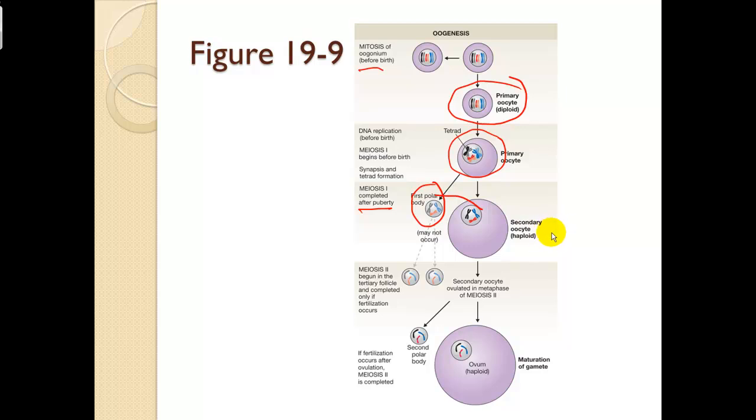If fertilization occurs, then the secondary oocyte goes into meiosis II, and we get another polar body out of this. So again, whenever this matures, most of the cytoplasm is given up to the secondary oocyte, for the development of the fetus.